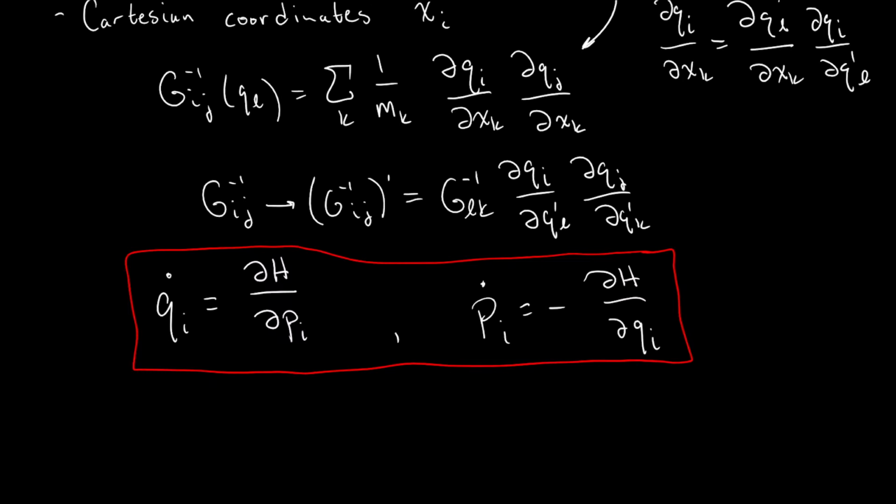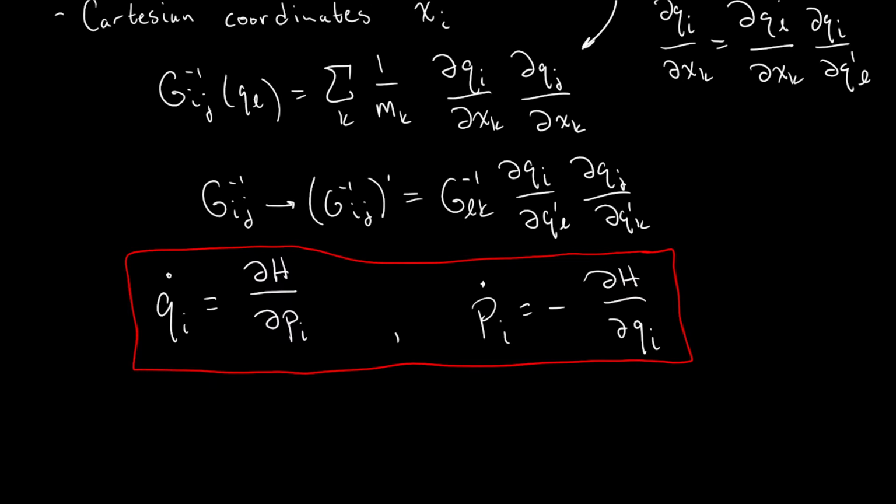Okay, so now there's a couple things that I want to get out of the way. A lot of times when we are doing these coordinate changes, we want to find the most convenient coordinates that we can possibly work in.